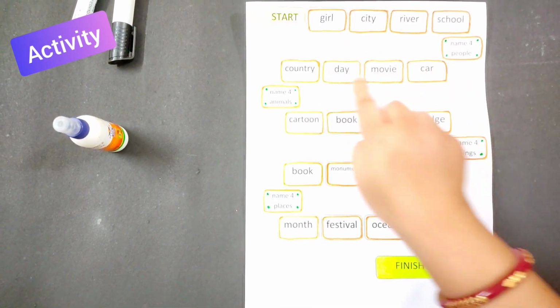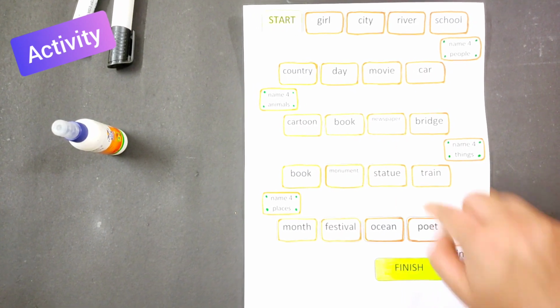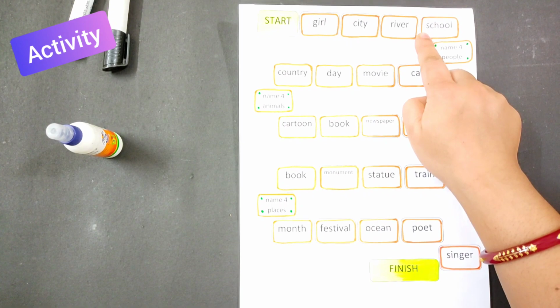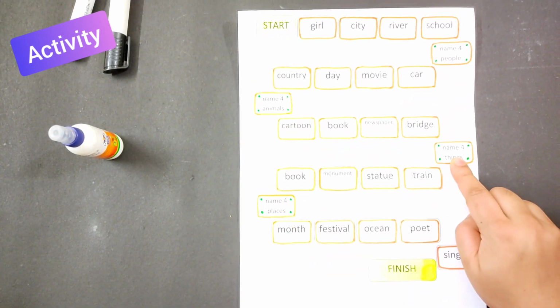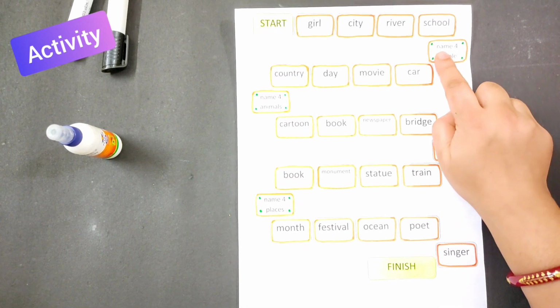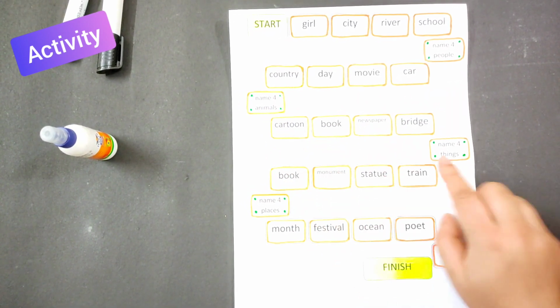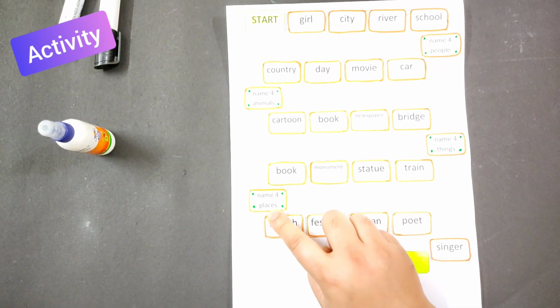Then in these boxes, write the names of any common nouns like girl, city, river, school. And in the corner boxes like these, you can write name for people, name for animals, name for things, name for places.